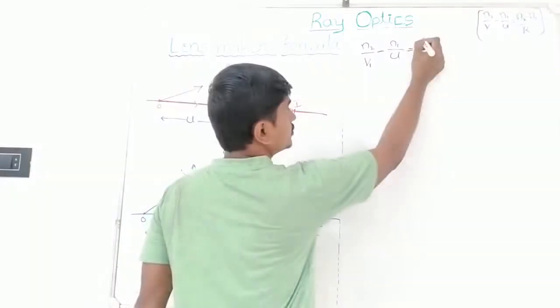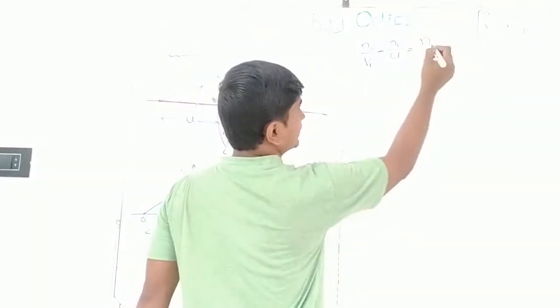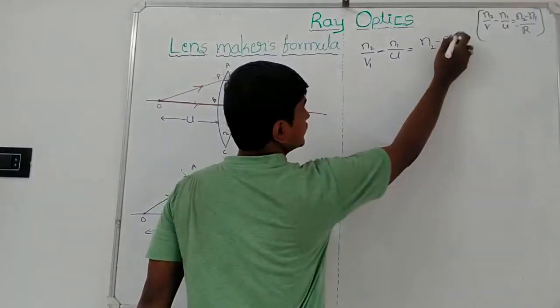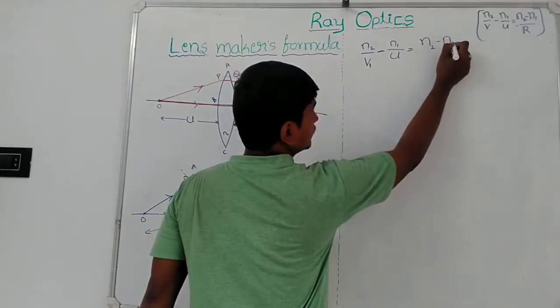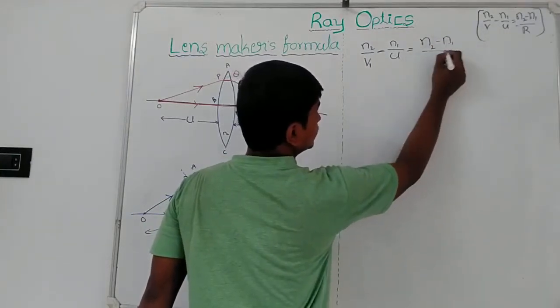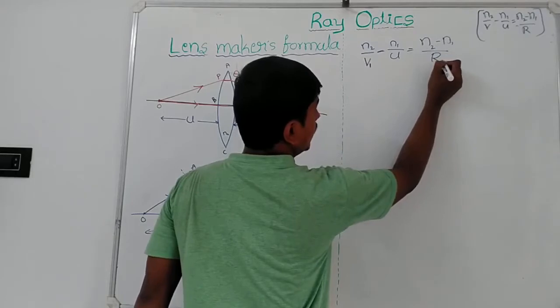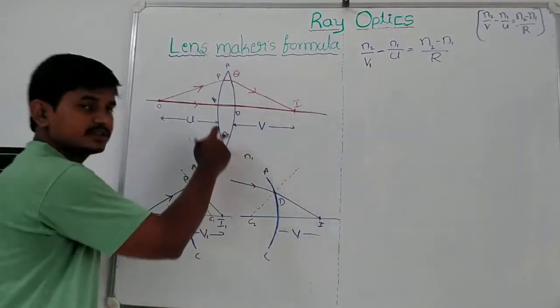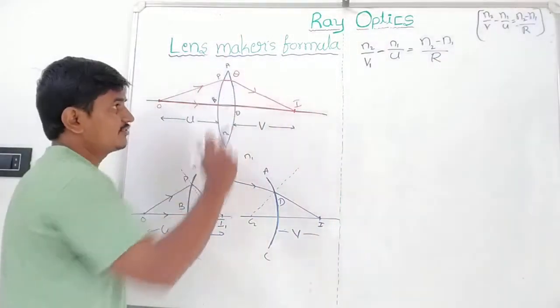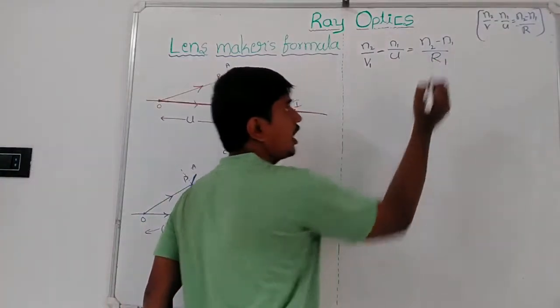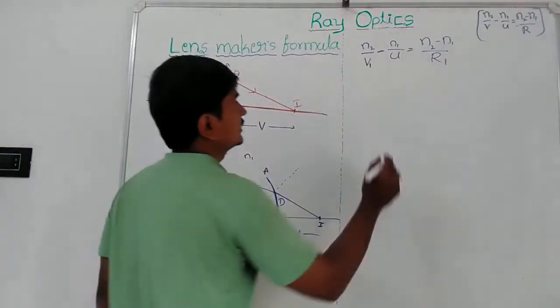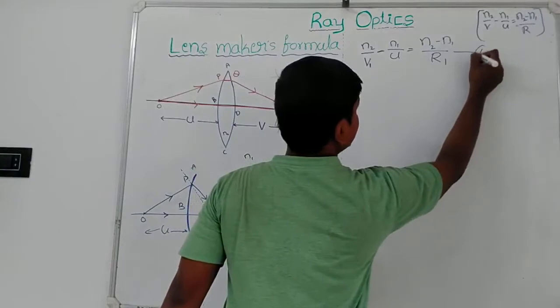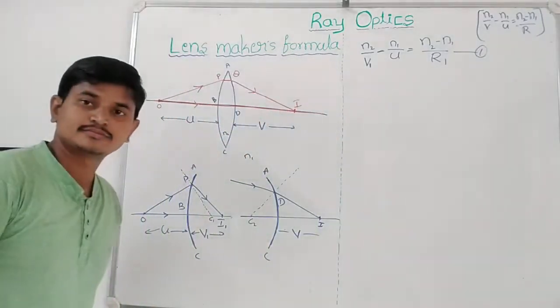Then this is equal to N2 minus N1 divided by R, where this surface has its radius of curvature taken as r1. So this is equation number 1 here.